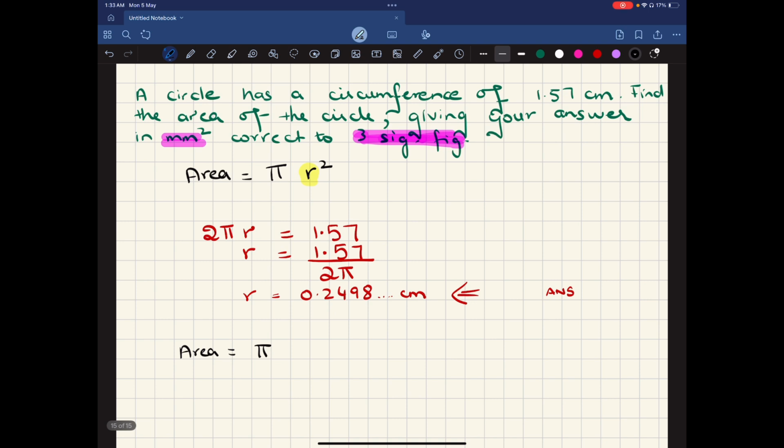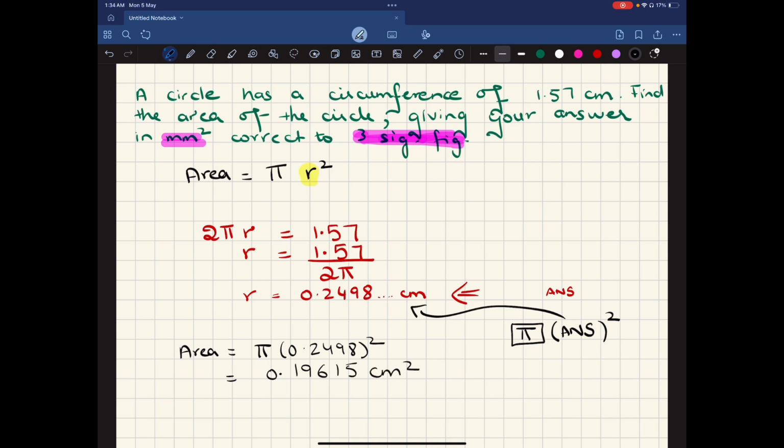On my calculator screen it's going to be the pi key, and then bracket, the answer, which is basically this value, squared. So it's going to give you the most accurate answer. So pi r squared is 0.2498 squared, and the answer that you get is 0.19615 centimeters squared.